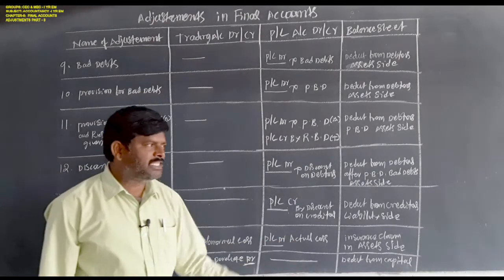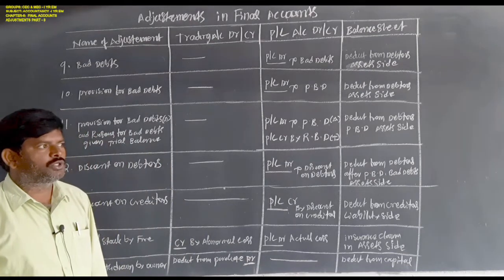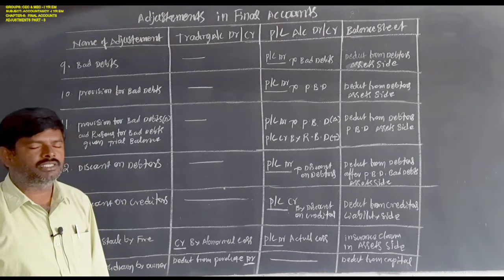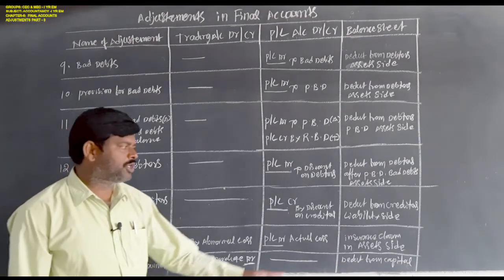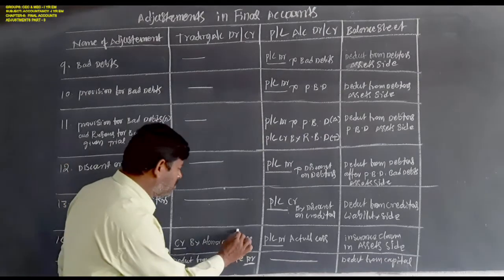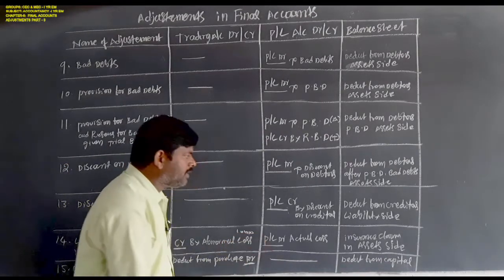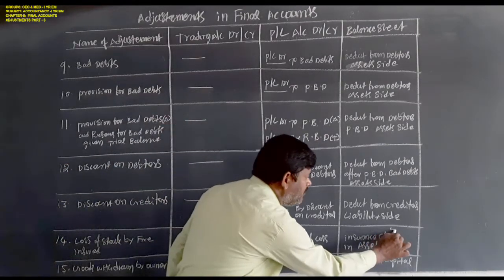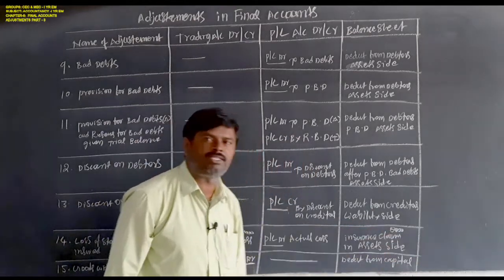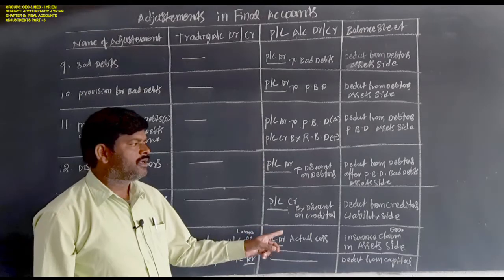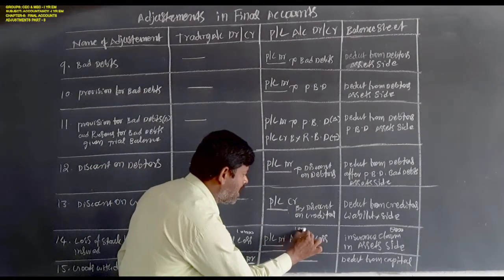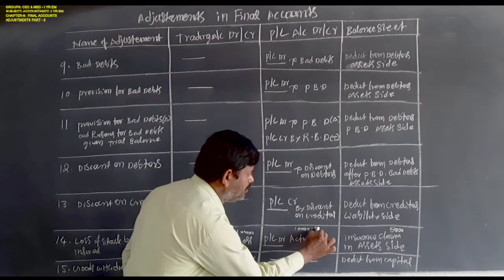What is the actual loss? The total loss is 10,000 rupees, and the claim from the insurance company is 5,000 rupees. What is the difference between 10,000 and 5,000 rupees? 5,000 rupees is the actual loss, 10,000 minus 5,000 rupees.